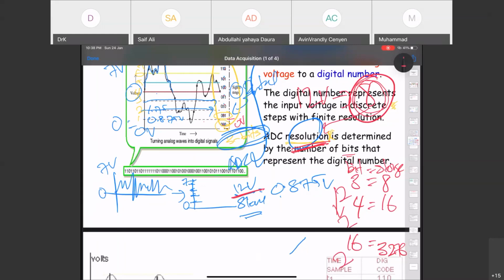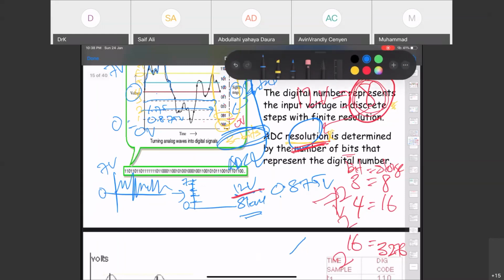Because we are working with bits, with binary, that's why we have 2 over here. Did you get it, Abdullahi? So this is the number of storage.